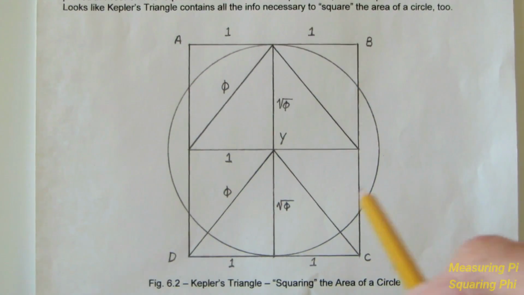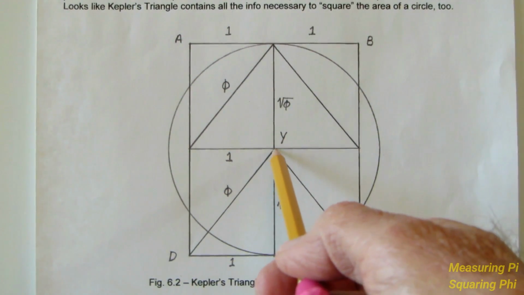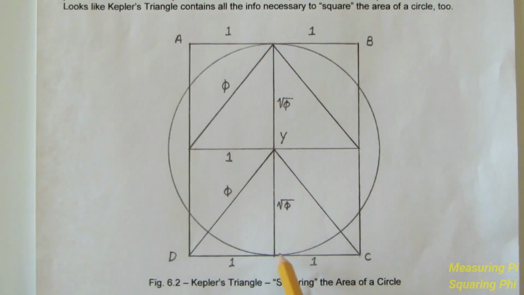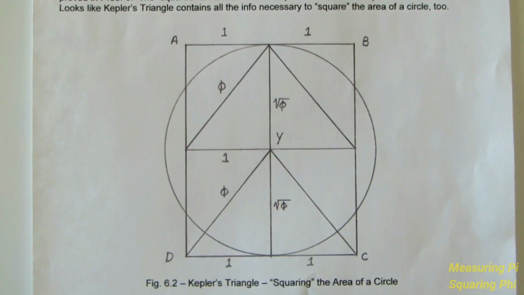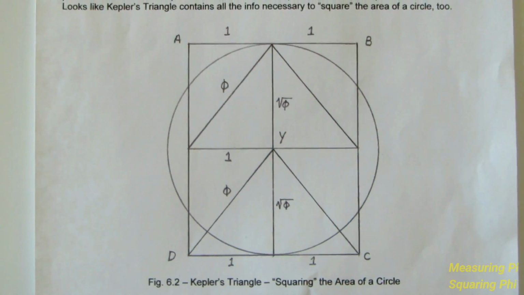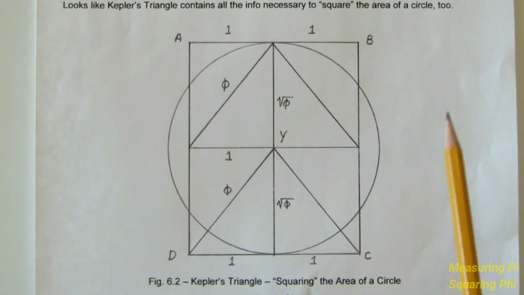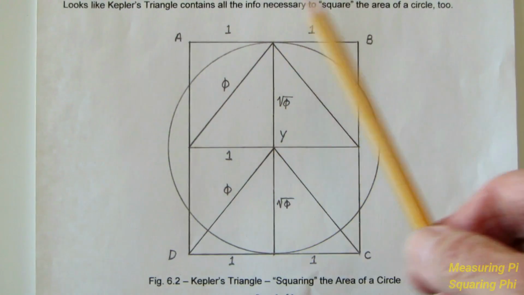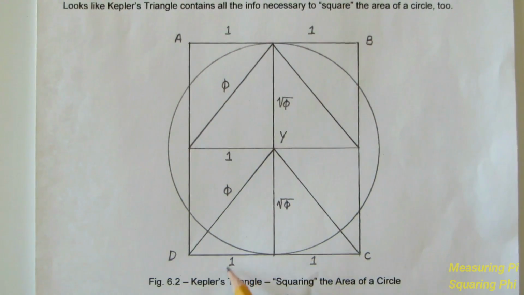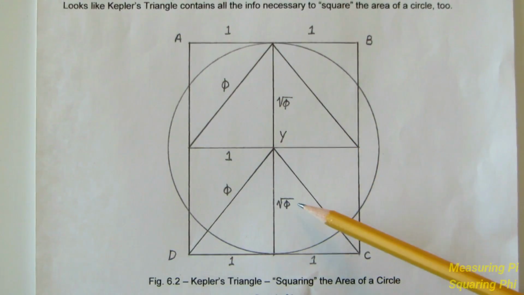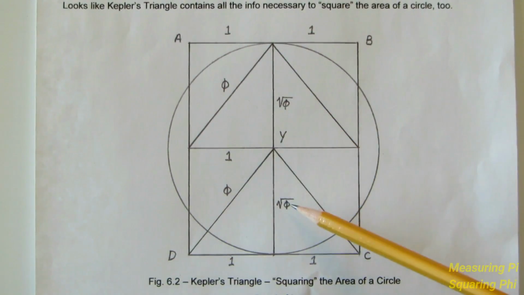Then we drew a circle with a center at y. The center has a radius of the square root of 5. What we're going to do is calculate the area of rectangle ABCD, and that is simply 2 times 2 times the square root of phi.